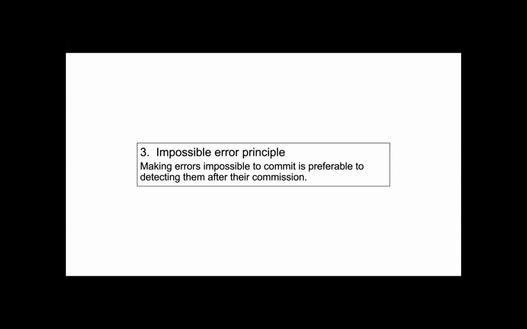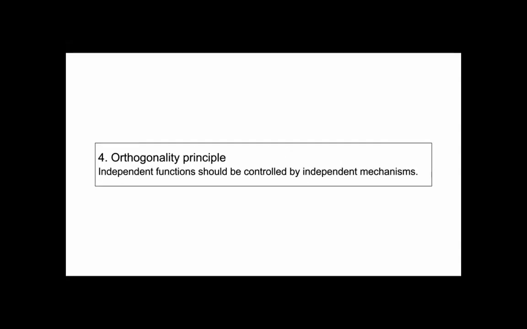That's why we picked the length of the operand to be 3 digits, to make sure that the programmer can only access the data locations, which are up to 1000 locations, and not by mistake go ahead and access where the programs are going to be stored. And also the fourth principle was the orthogonality principle. Independent functions should be controlled by independent mechanisms. And we're going to have more examples to understand how orthogonality is actually achieved.